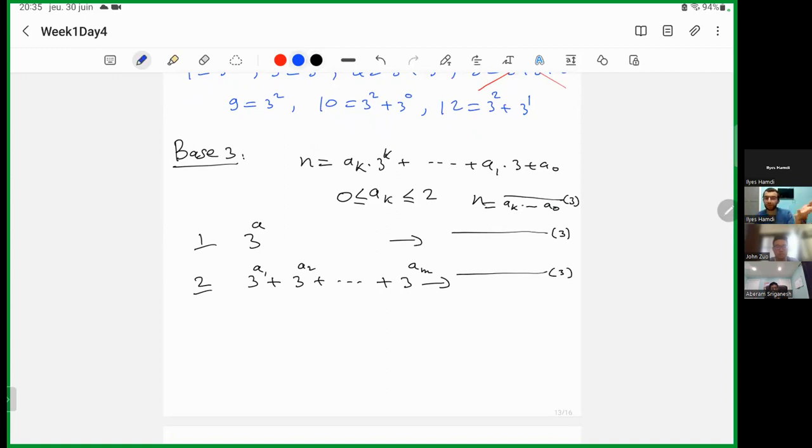A power of 3, how do you express a power of 3 in base 3? If 3 to the a is hard to imagine, just give me the expression of any power of 3 that we know. So what's 3 to the 2?